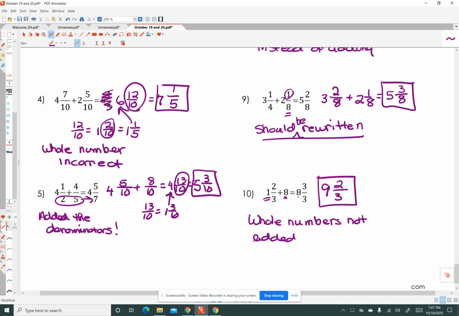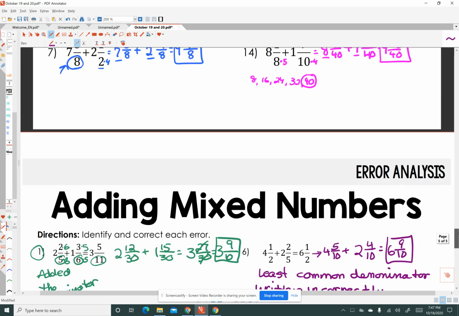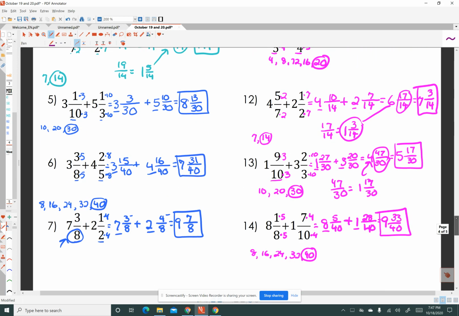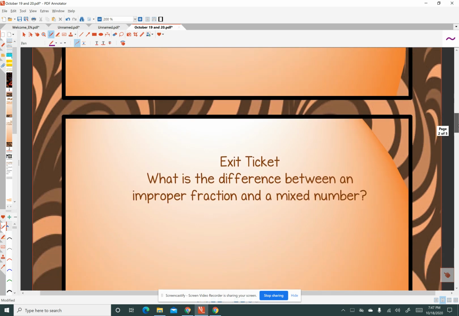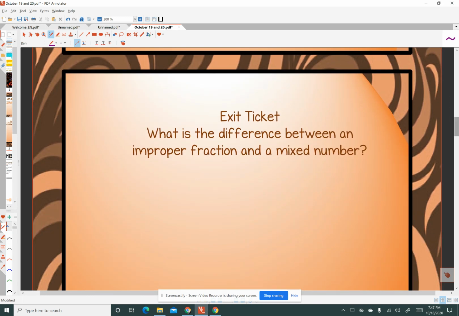And that's it. We had an exit ticket where we asked you to explain, let's go back to that, the difference between an improper fraction and a mixed number. An improper fraction is one where the numerator is greater than the denominator.